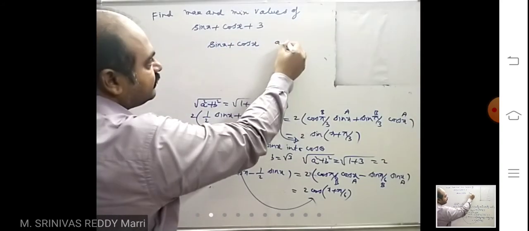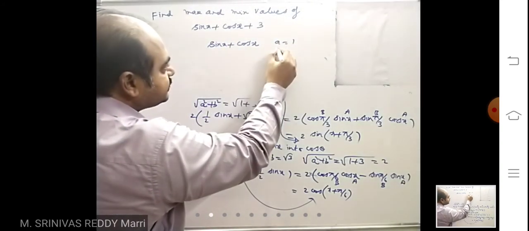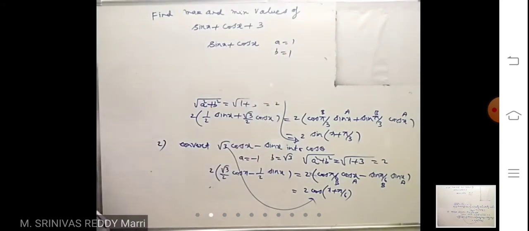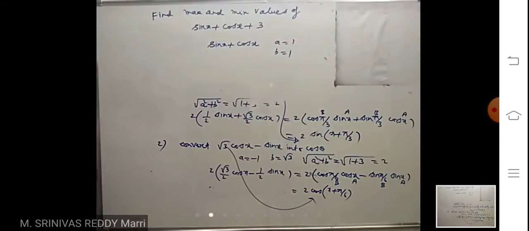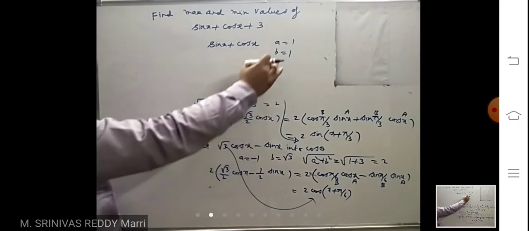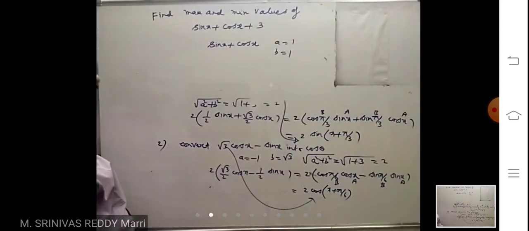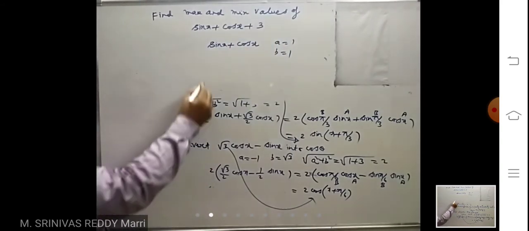Now a is what? 1. A sin x plus b cos x. Follow carefully. After that I will clear you. You will get the doubts in this. Whatever you will get the doubt, I will tell now. Okay. A equal to 1, b equal to 1.